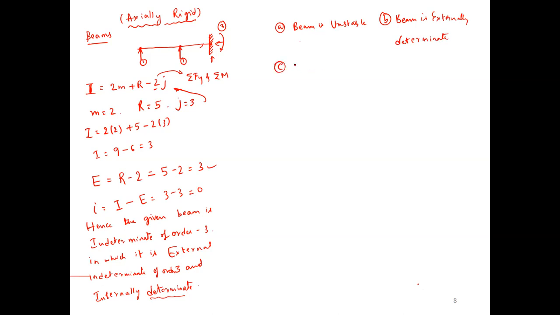C, beam is internally determinate. D, beam is indeterminate of order 2. Which one is correct? C. Why? This particular beam is internally determinate.